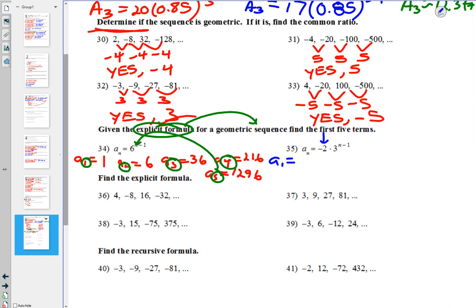And I would have said yes. So now that I know the first number is negative 2, I can just multiply times 3 because that's the common ratio and get negative 6, then negative 18, then negative 54, and then negative what? Each time multiplied by 3.